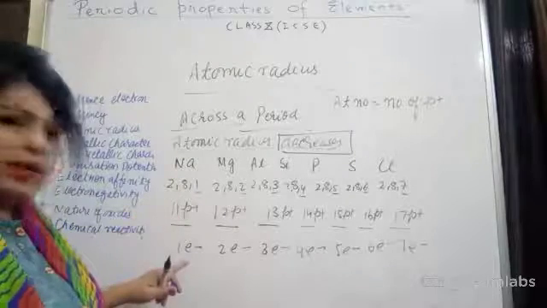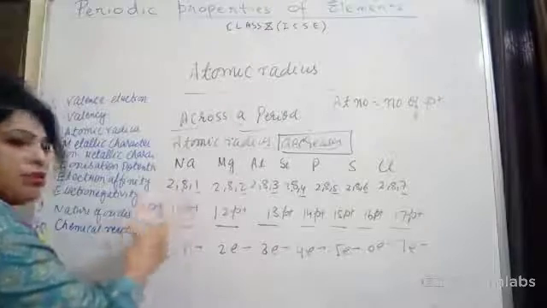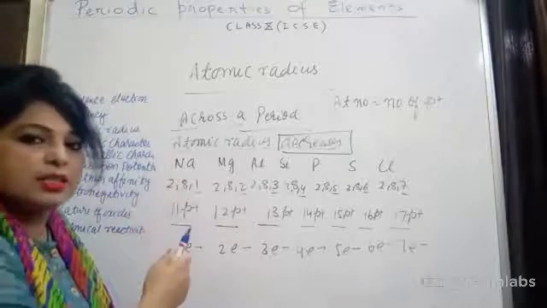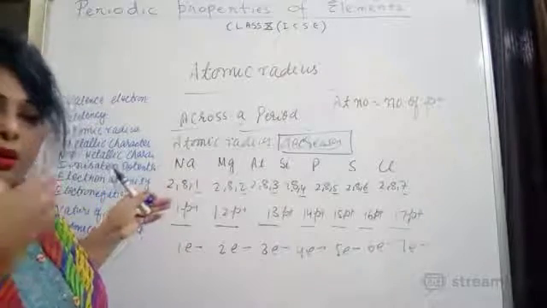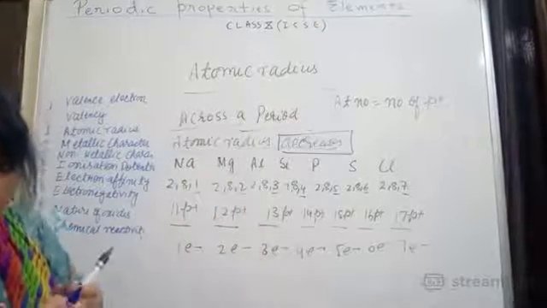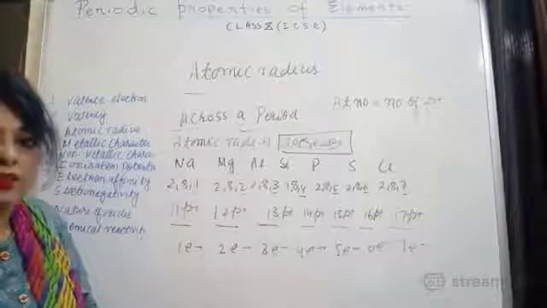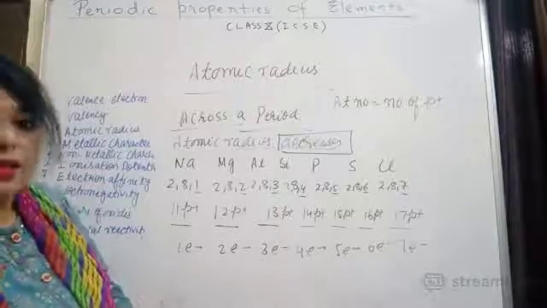Protons are more, so nuclear charge is more. The outermost shell electrons will experience a nuclear pull toward the center. The outermost shell shrinks toward the center. As a result, atomic size decreases.